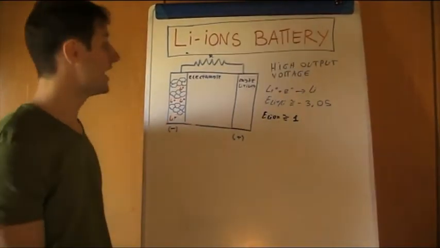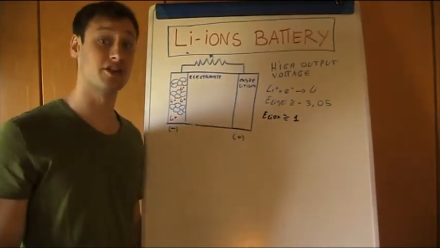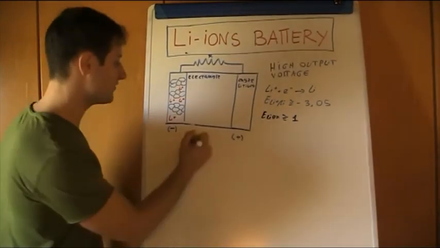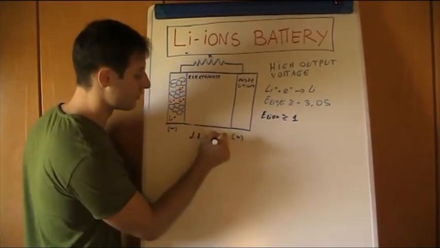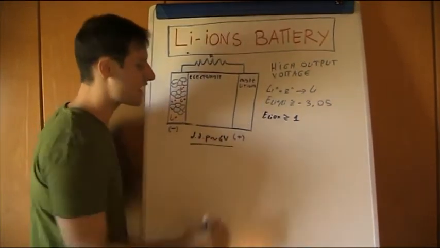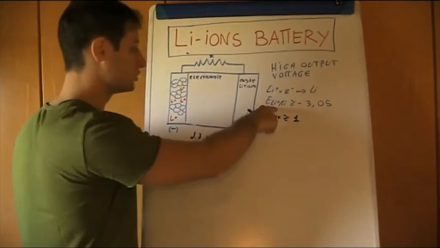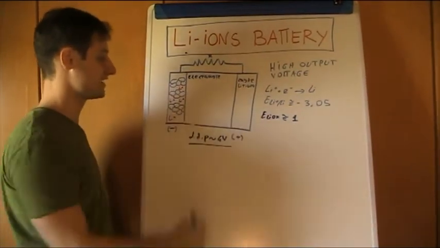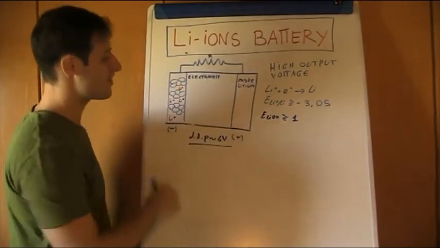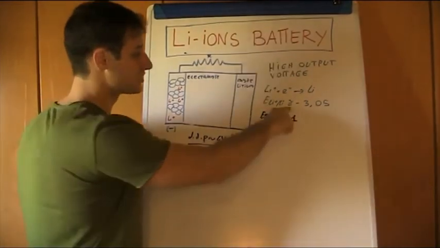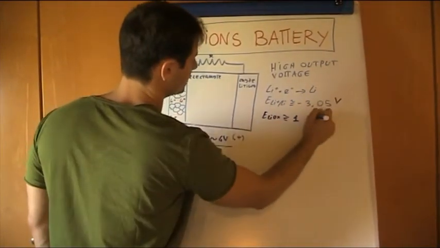And when the battery is completely charged at full load, it could be even close to 4 volts. So we have a huge output voltage. And this is ensured by the fact that we are able to intercalate lithium inside this graphite support with an extremely low reduction potential.